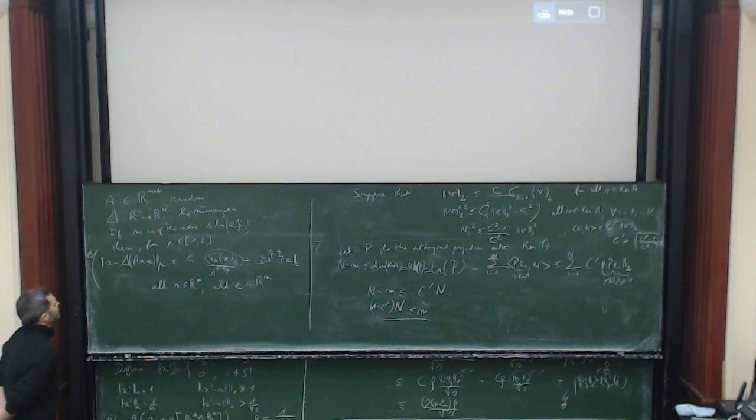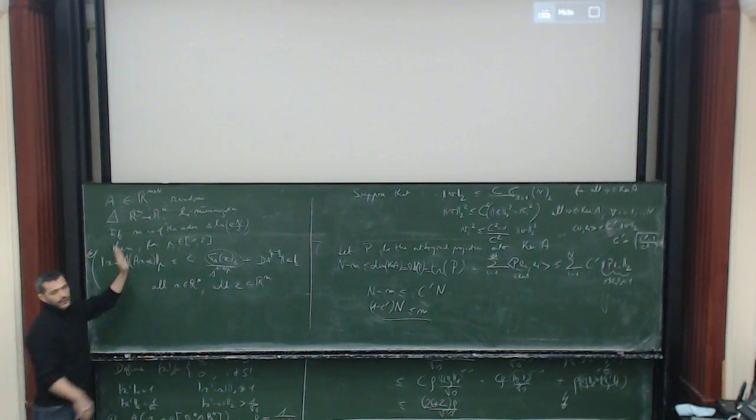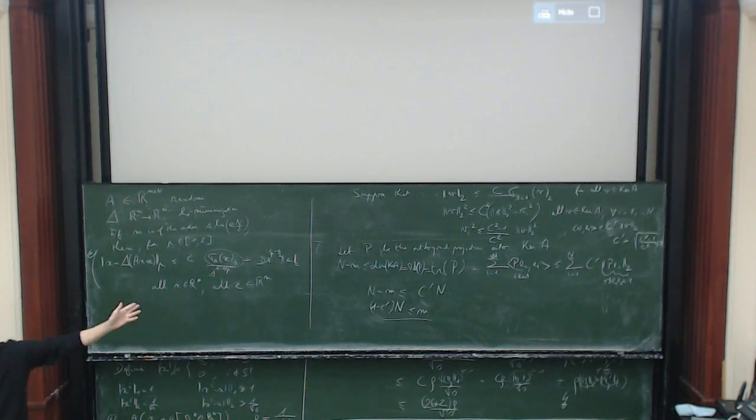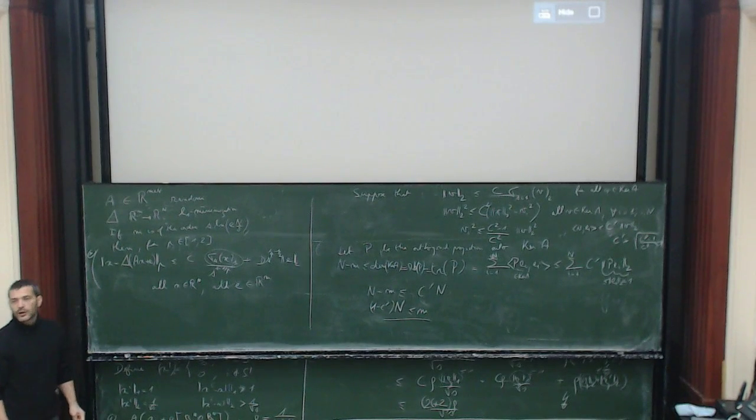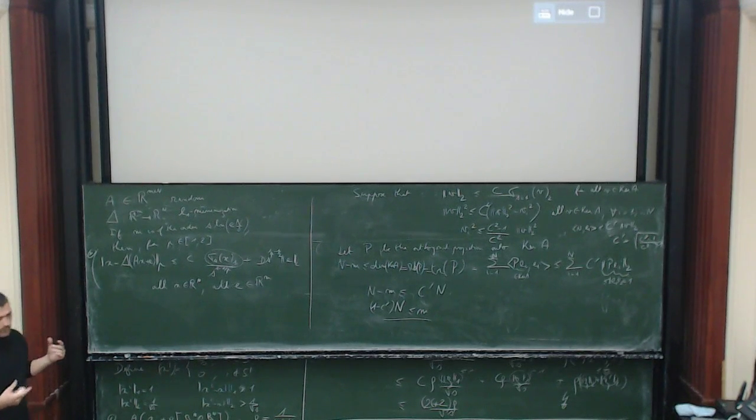This is a statement that says, take A at random, then the following is true for all x in R^n: the norm of x minus Delta(Ax) is less than blah, blah, blah, with sigma related to an L1 norm. That is a statement that we call a uniform statement. Non-uniform will be slightly different.